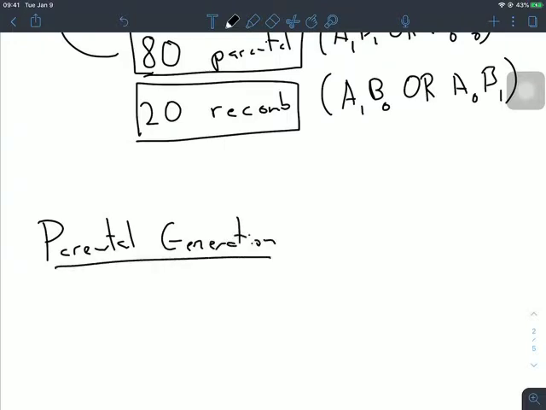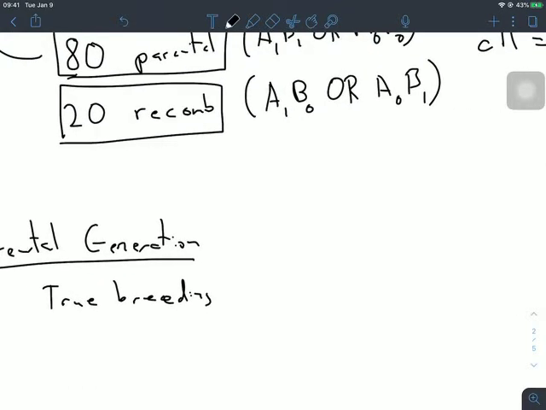And in that parental generation, you will often encounter true breeding parents. Meaning that mom may be A1, A1, B1, B1.